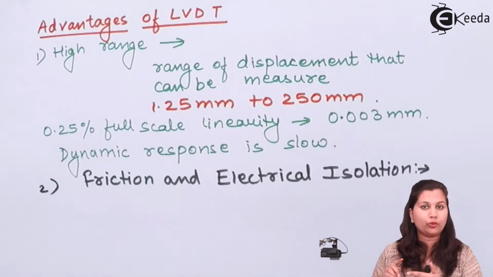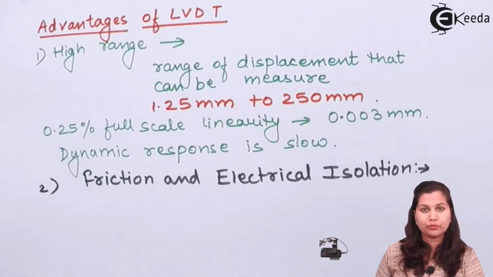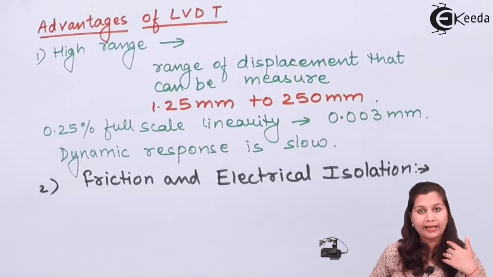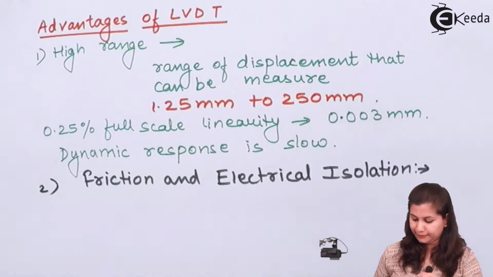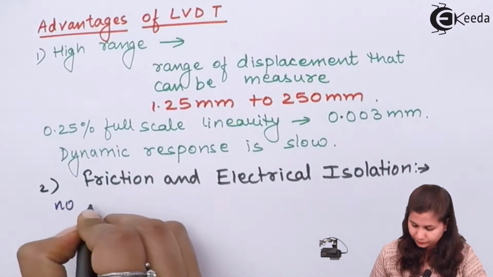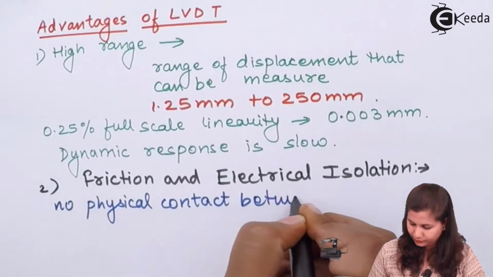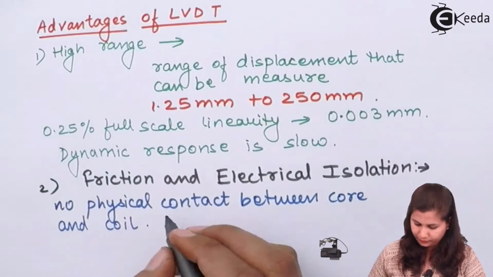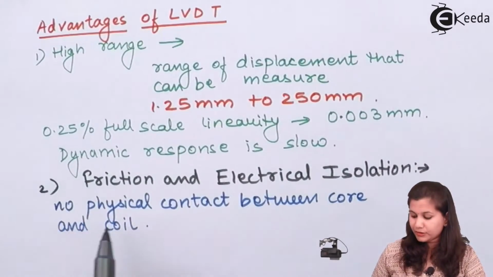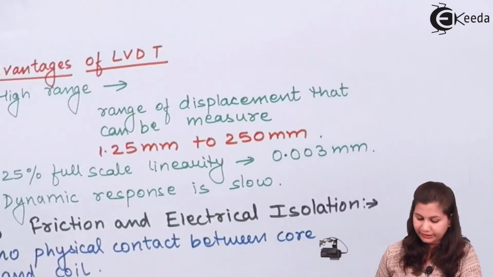So no wear and tear is caused, no friction is produced, and no damage to the parts of the instrument occurs. So the operating life of the instrument is increased. There is no physical contact between the core and the coil, so there is no wear and tear.